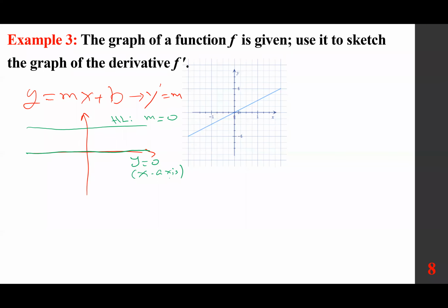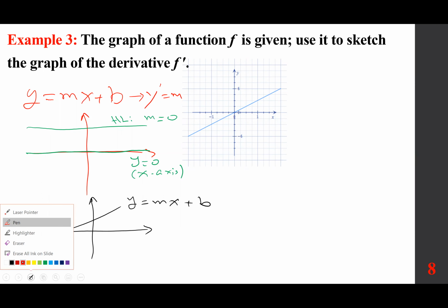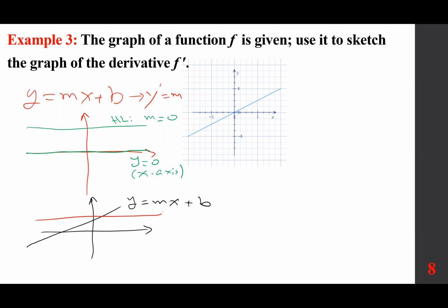But if the line is not horizontal, let's just make something up. So this one, y equals mx plus b, then the slope is simply a horizontal line having the equation y equals m. And that, I hope, is clear to everybody.